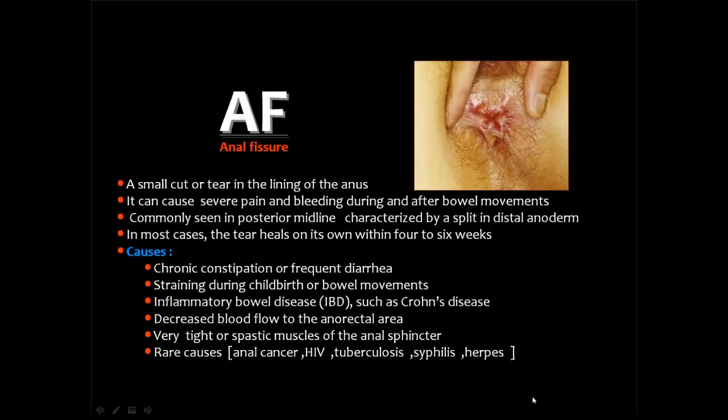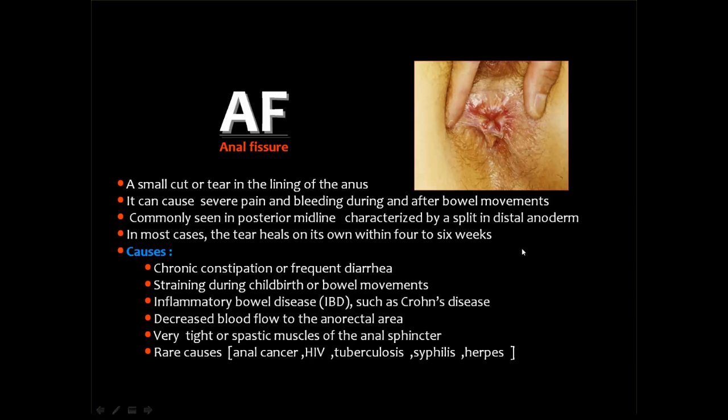Now, starting with diseases of the anal canal, the anal fissure, as you all know, is just a tear in the mucosal lining of the anal canal, and this fissure may cause severe pain and bleeding either during or after the bowel movements.